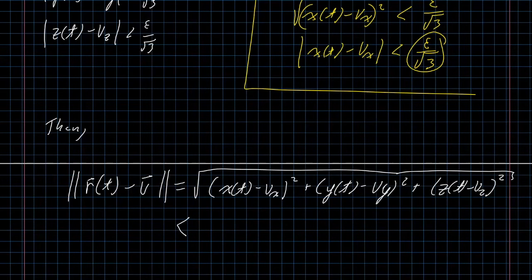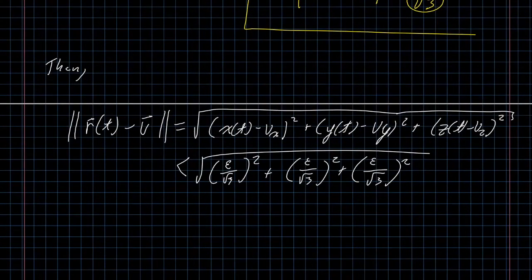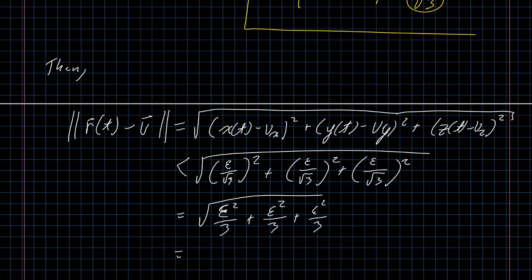And then each of these in turn is less than epsilon over the square root of 3. And if I simplify this, I have epsilon squared over 3 plus epsilon squared over 3 plus epsilon squared over 3, which is epsilon squared.